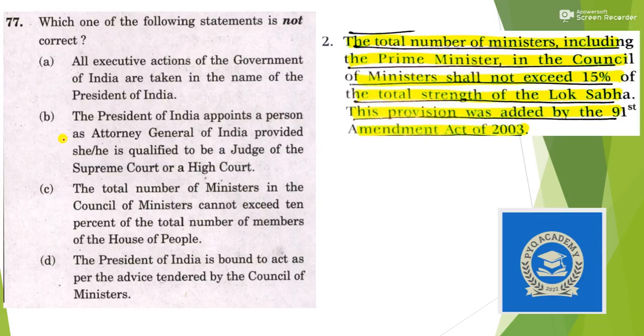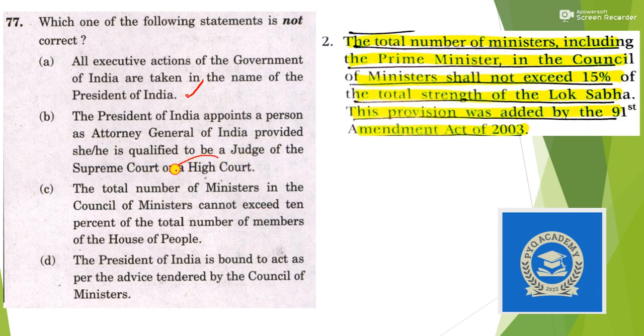Next, which one of the following statements is not correct? All executive actions of the Government of India are taken in the name of the President of India. Yes, because he or she is the official head or executive head. The President of India appoints a person as Attorney General of India provided he or she is qualified to be a judge of Supreme Court or a High Court.